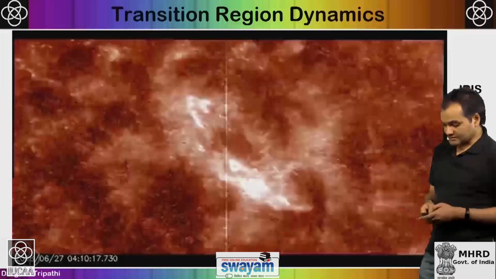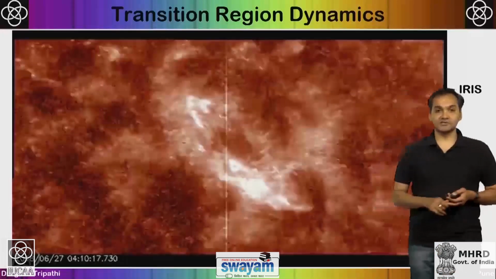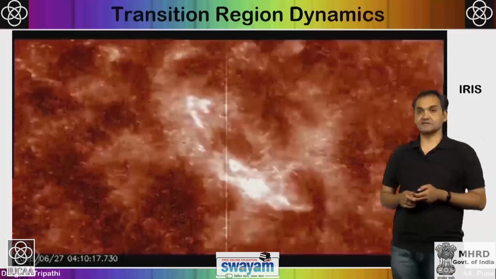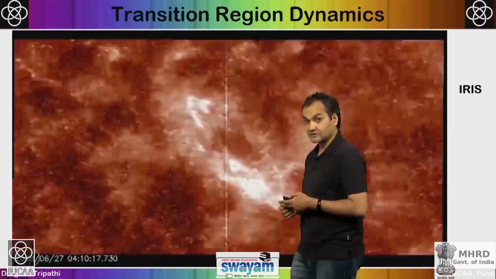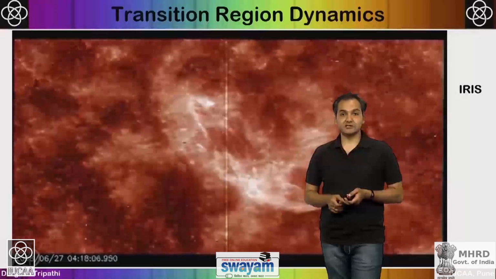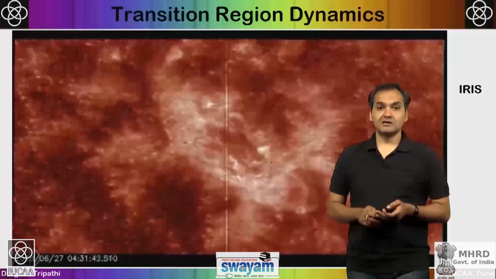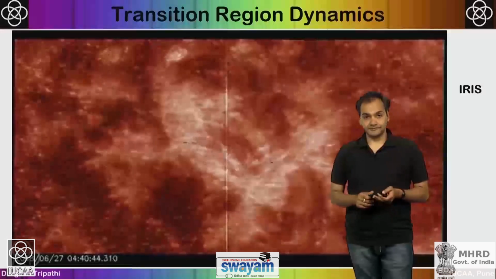Now, the transition region is very dynamic as well. Here is a very high resolution sequence of images put together, taken by the Interface Region Imaging Spectrograph, a NASA mission. What you see is that in the transition region there are structures which are everywhere, and they are changing on a time scale of minutes and even longer.